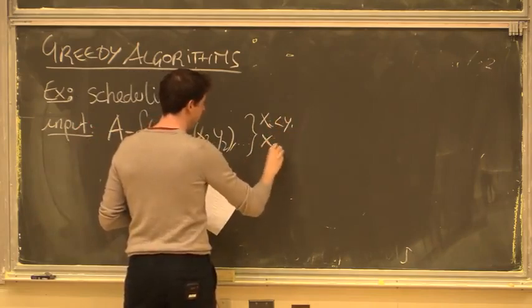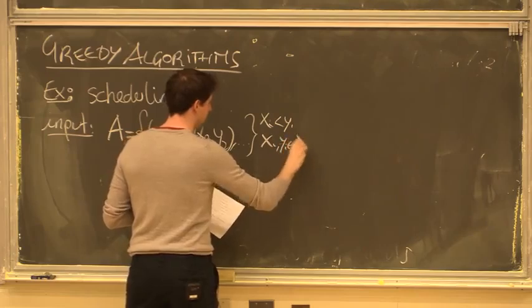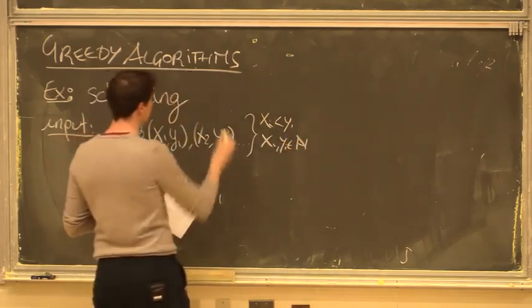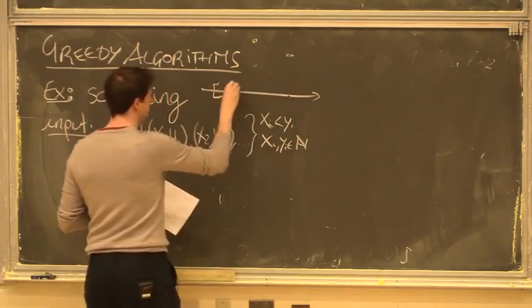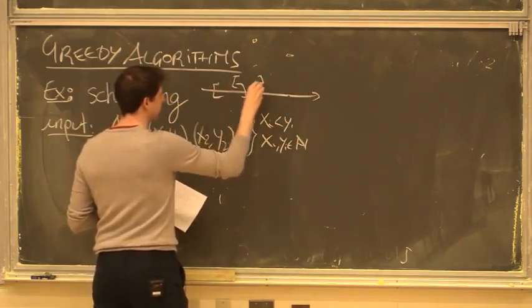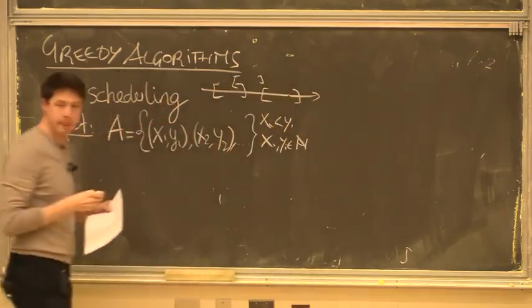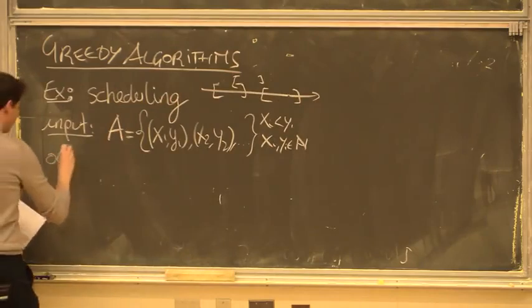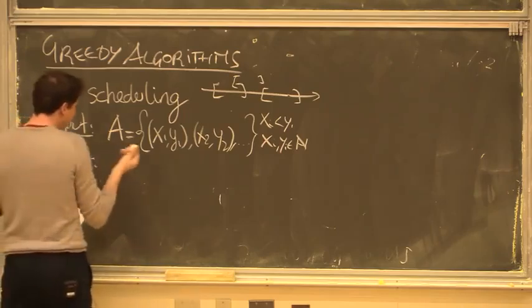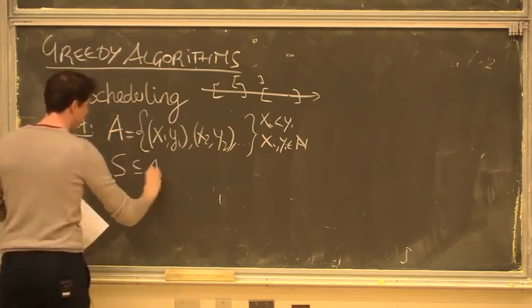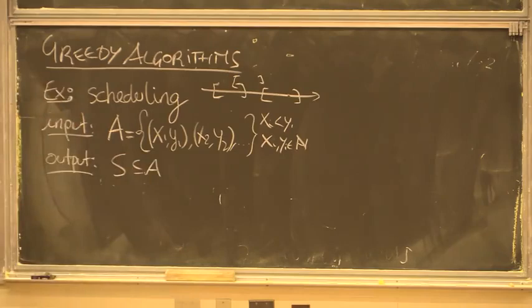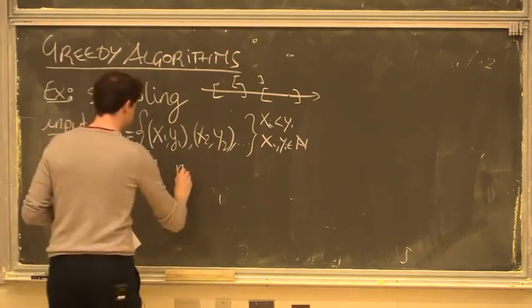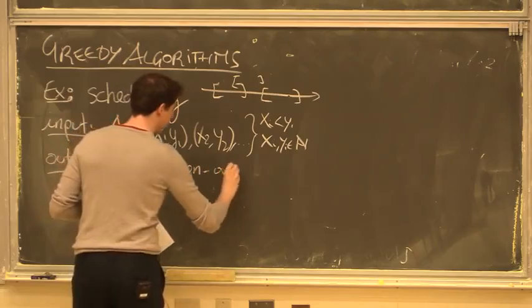And these are, let's say, integers. So again, we don't have precision problems. So they're basically things of this sort. Okay? So that's the input to the problem. The output to the problem is you want to find a schedule, a set of intervals that are non-overlapping.